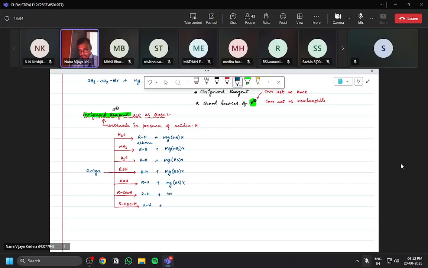Here Mg, O, CO, RX. Correct. Cationic part: H plus is gone here, the remaining anionic part should come here. So here Mg, C triple bond C, R X. Any questions, sir, in this?